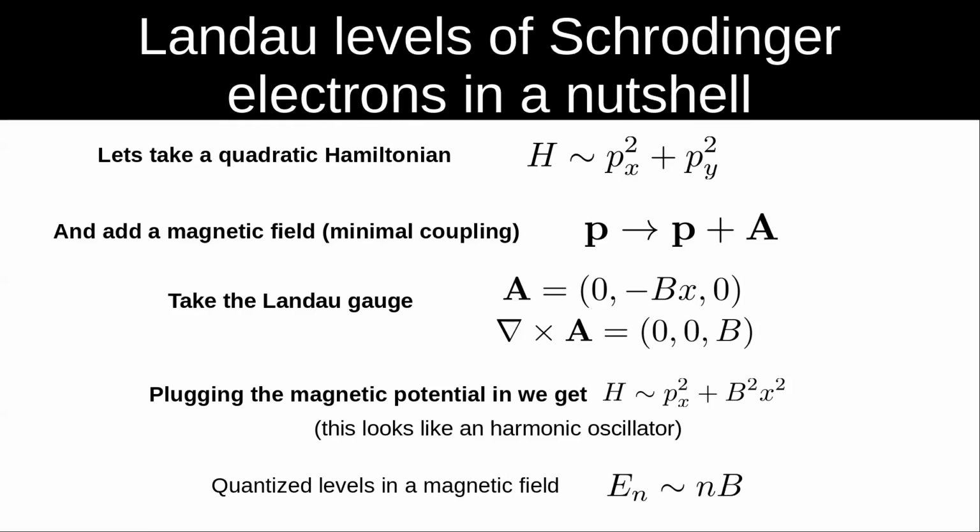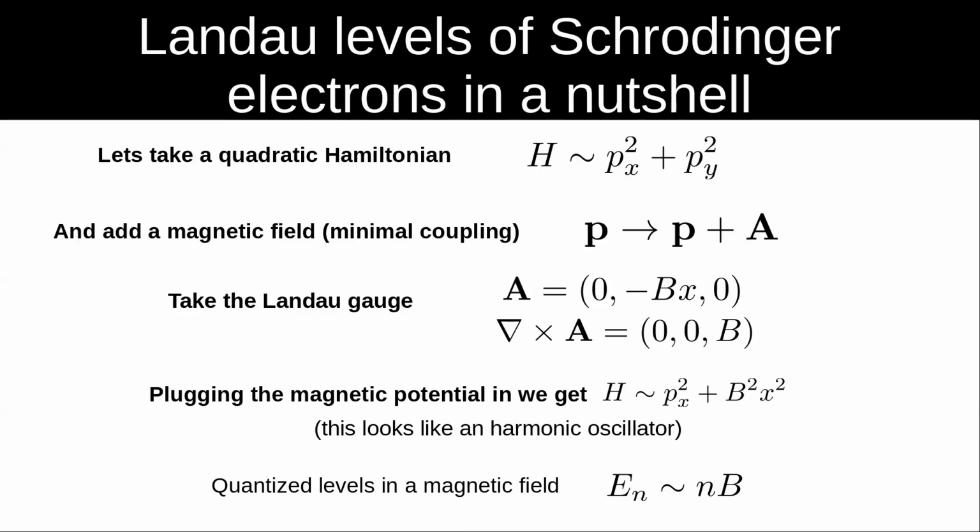If you just expand the quadratic Hamiltonian that you have, you will see that the Hamiltonian has a term that is px squared, and another term that is x squared. And it has another term that is linear in x, but you can reabsorb it using a change of variables. So in practice, you have a Hamiltonian that has p squared and x squared, which is effectively a harmonic oscillator.